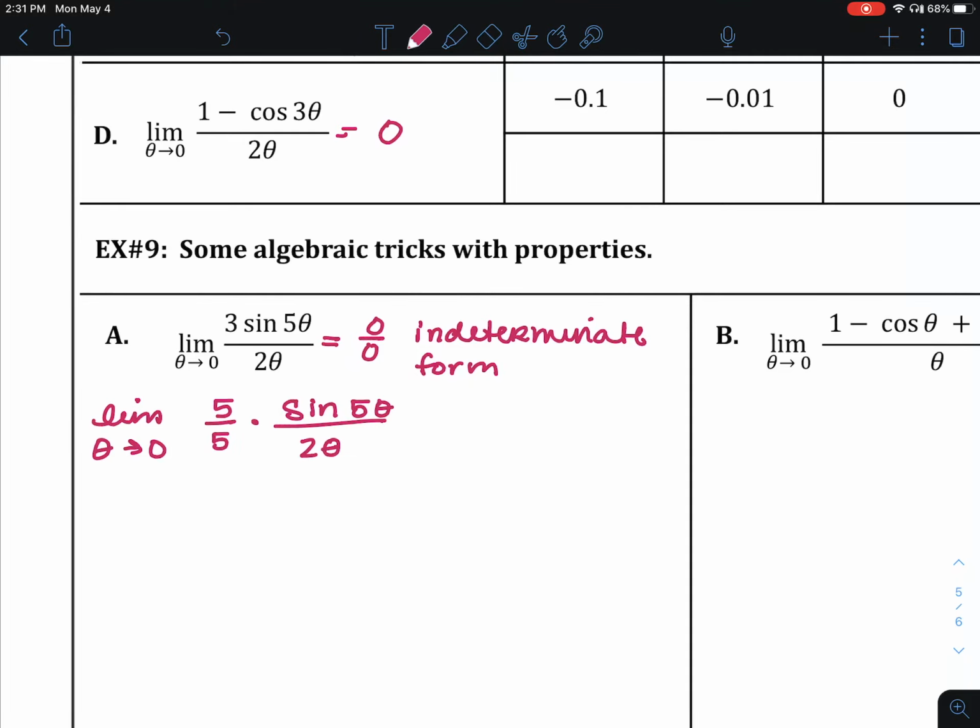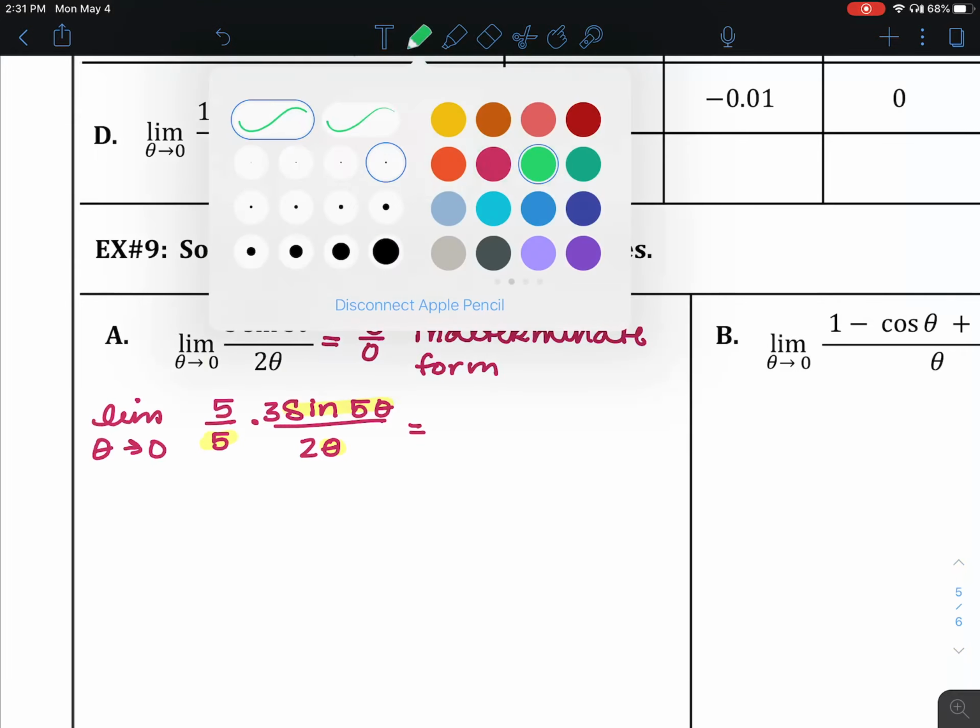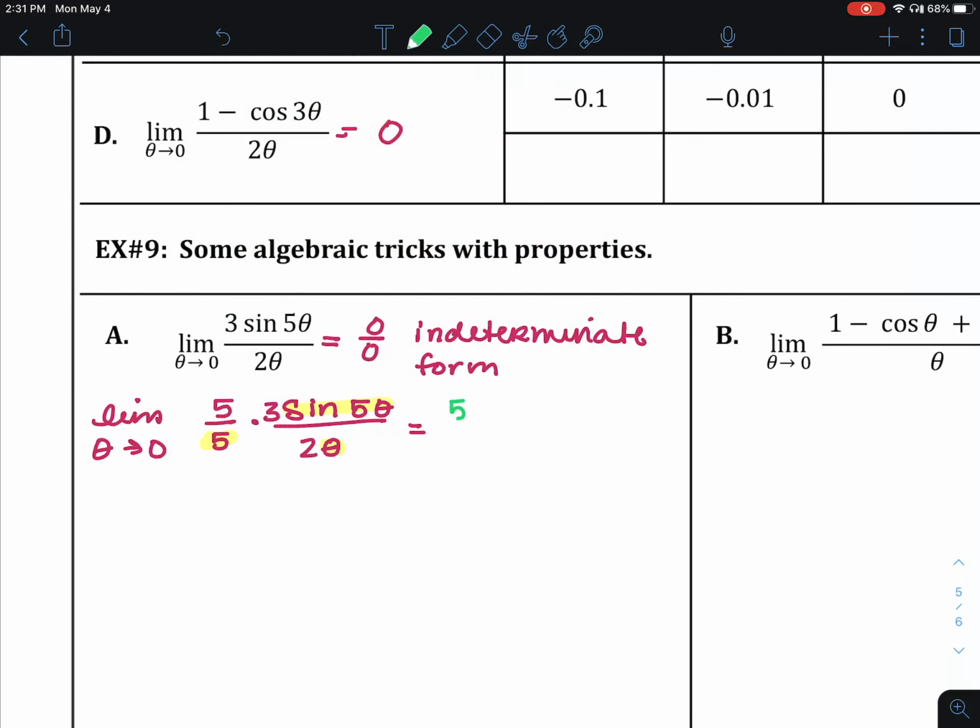And I'm not actually going to, oh, there's a 3 here too. I'm not actually going to multiply that out. What I'm going to do is I'm going to rearrange some things. I'm going to make it so I have sine of 5 theta over a 5 theta. So out here to the left, I have 5 times 3 over 2 times sine of 5 theta over 5 theta.